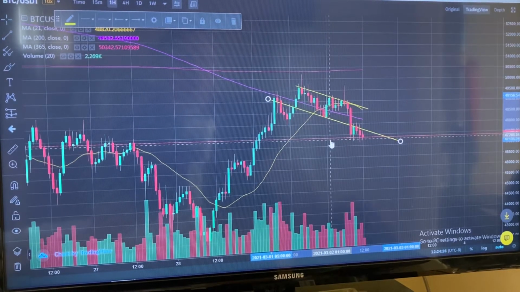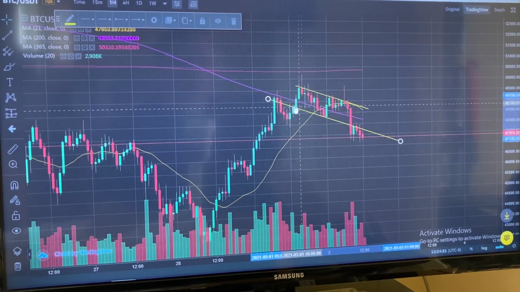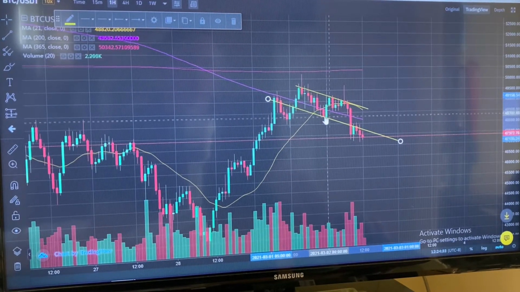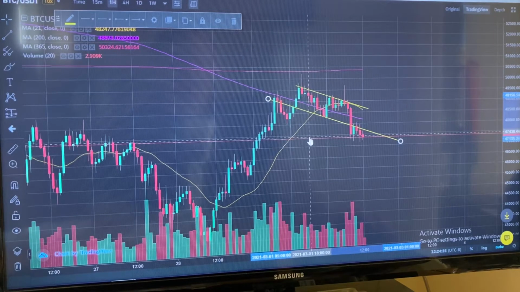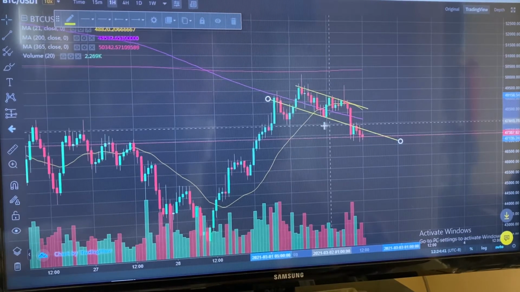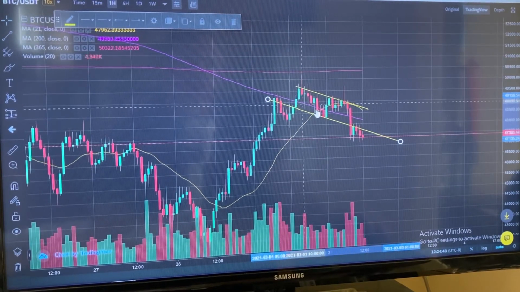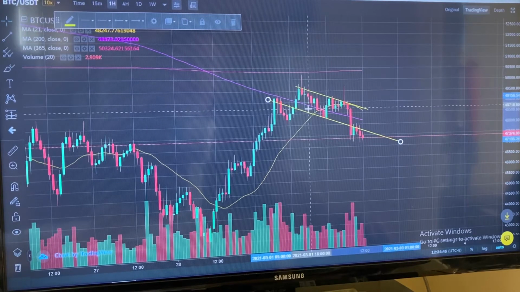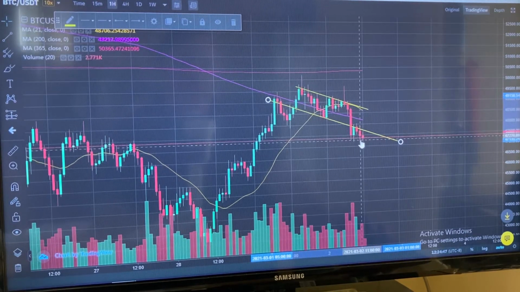Okay, so you need at least 2 touches or 2 points. So you have one here and one here. 3 is preferable. You heard that phrase that twice is a coincidence and 3 times is a pattern. So the more touches you have on either side, the more data, the more valid a pattern is.